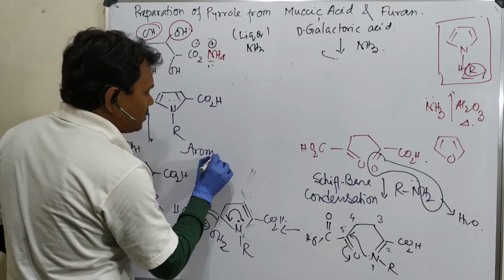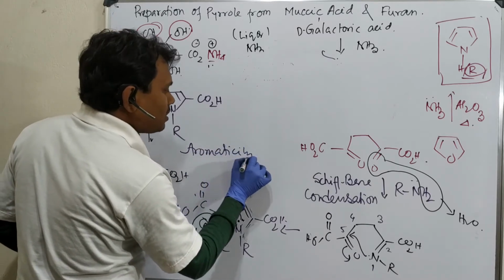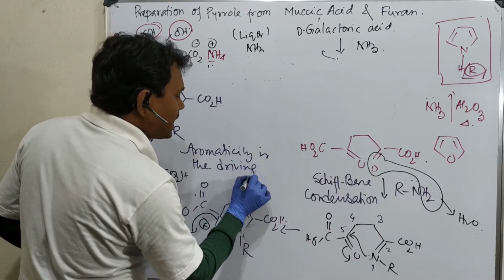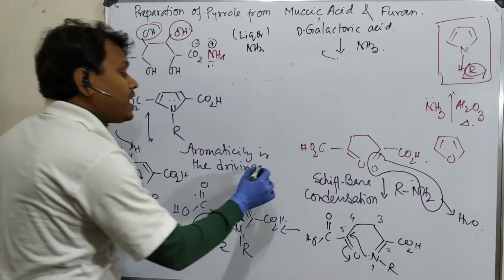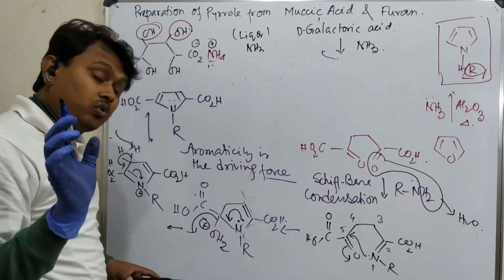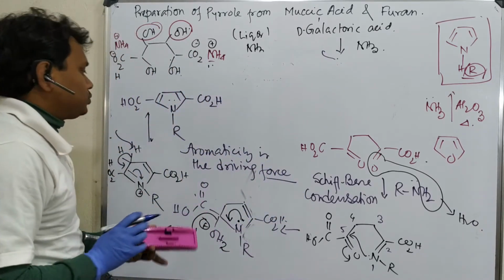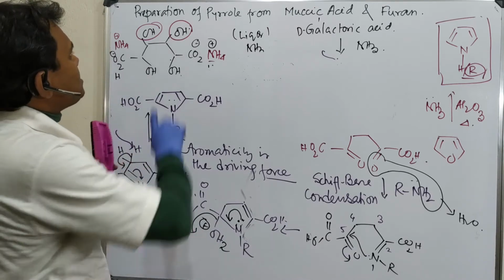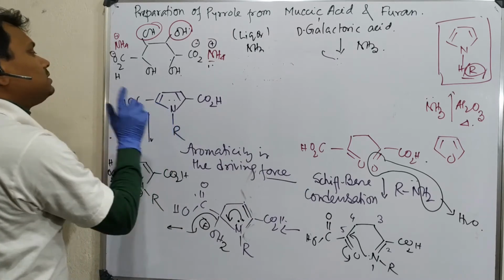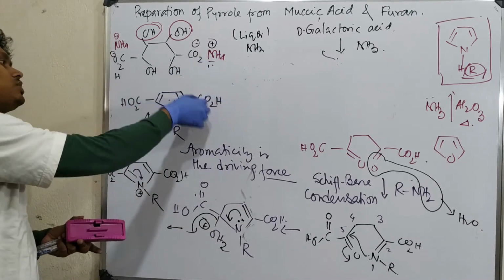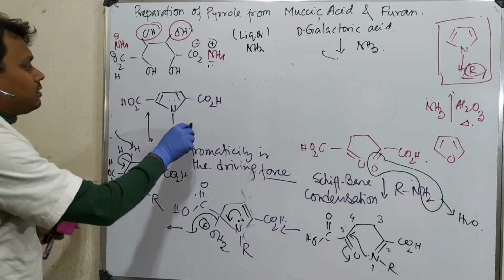Aromaticity is the driving force, and you know that aromaticity gives very good stabilization energy. I have explained this in the Huckel's theory video. Please go through that if you want to learn it. So in this way, mucic acid is used to make pyrrole. Instead of RNH2, if you use ammonia, then there is hydrogen.